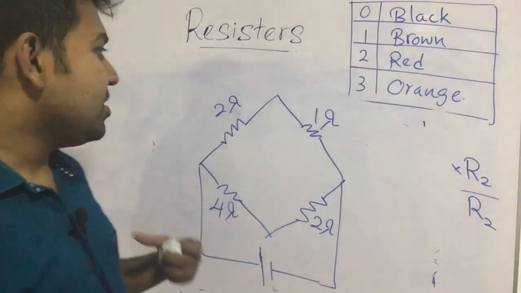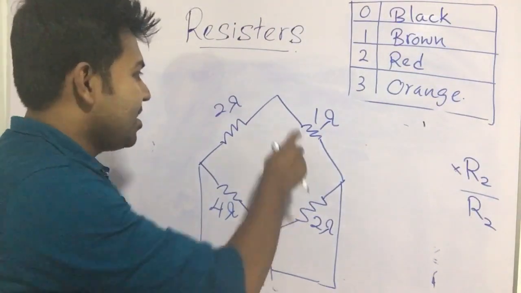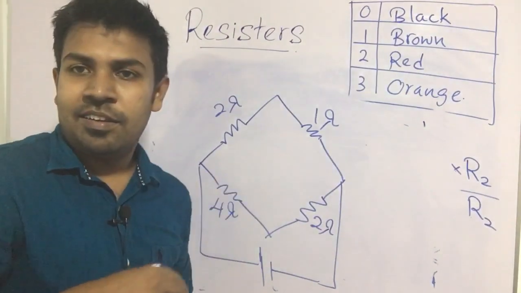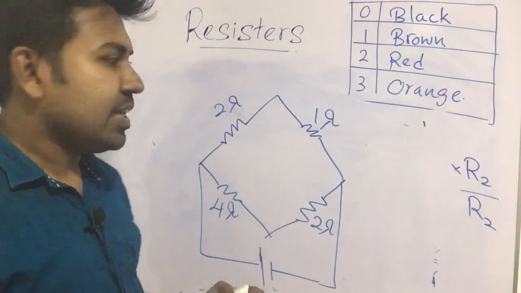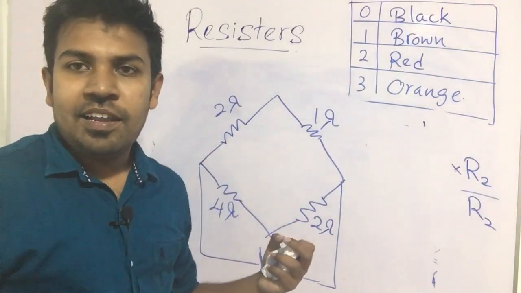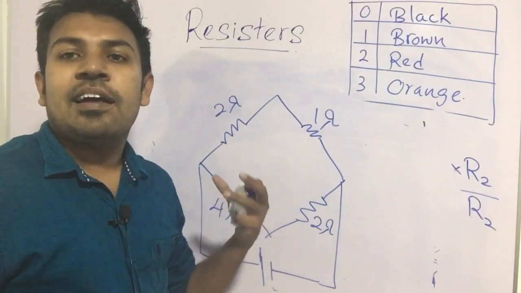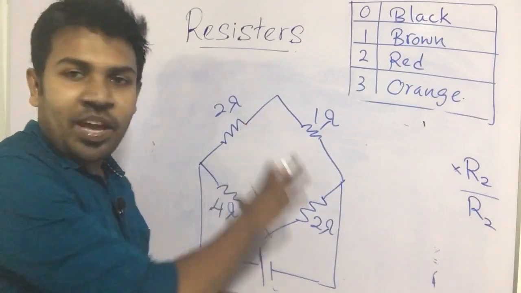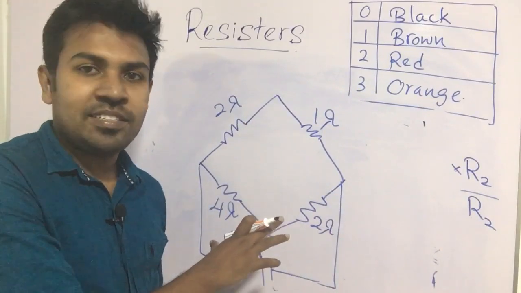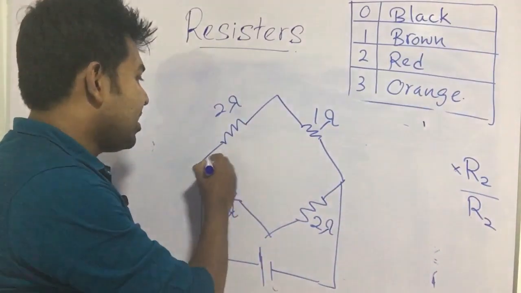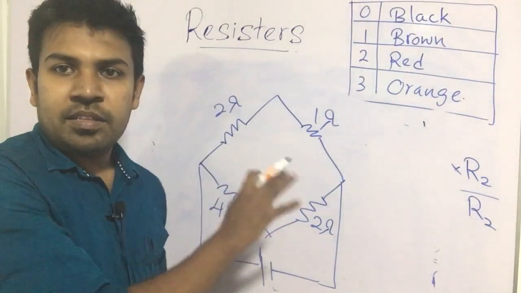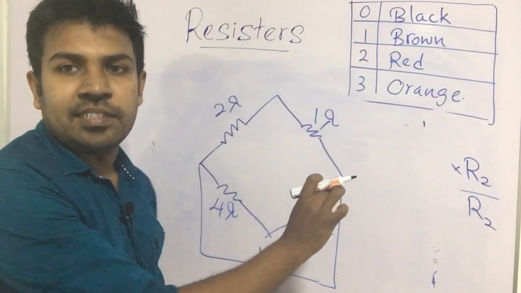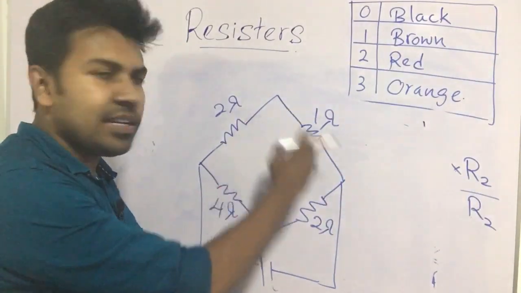In this case, some students think these two are parallel and these two are parallel, because they are thinking of the question like they are doing an art class or else a maths class. Because you can see this looks parallel, but exactly when you consider the connections, you can see this part is series connected, right?